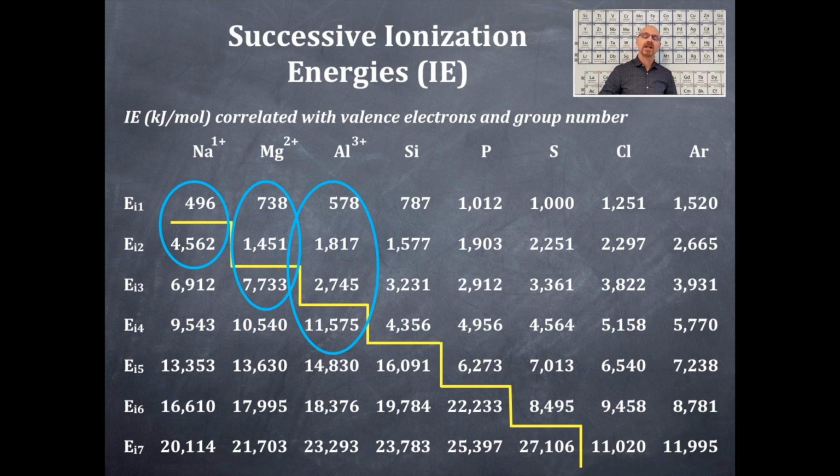Now, the fourth electron, which is a core electron for aluminum, what does that cost? 11,575 kilojoules per mole. Again, that's totally impractical, and that won't be done because aluminum will not remove core electrons.